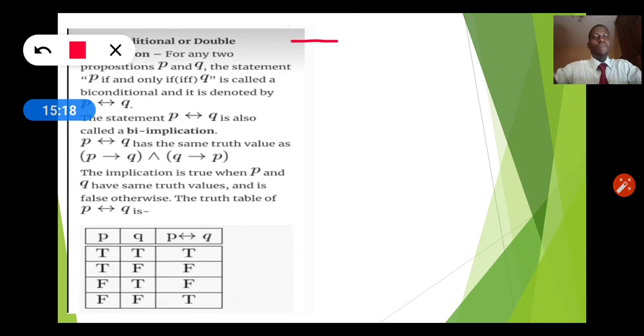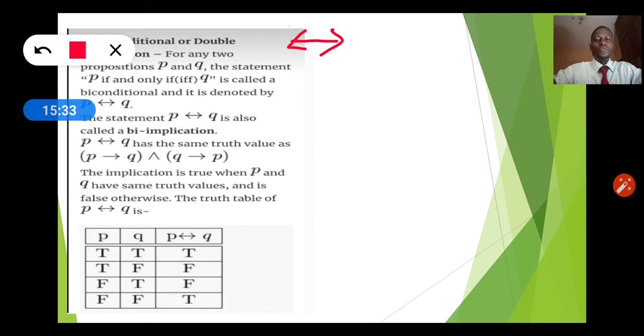We are gradually getting to the end with the biconditional or double implication. Now, when the symbol goes like this, we have an arrow at both ends. That is biconditional or double implication. So those are the names, and that means if and only if.